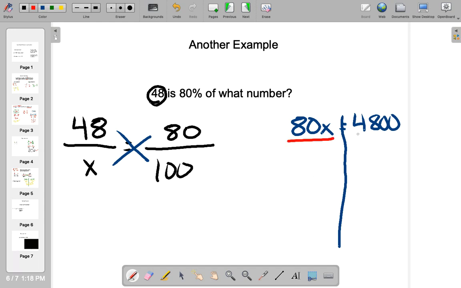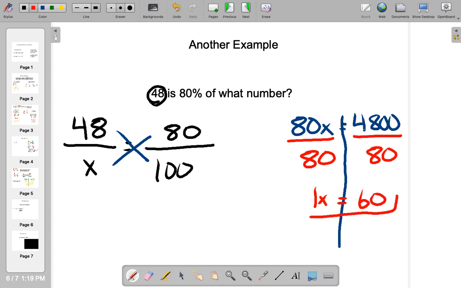And I divide both sides by 80, which gives me 1x is equal to 60, which means that 48 is 80% of 60, which makes sense because 80% should make something slightly smaller, but not quite cut it in half. And 48 is smaller than 60, but definitely more than half.